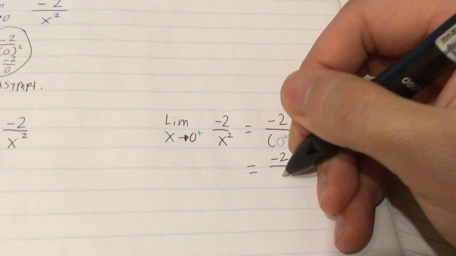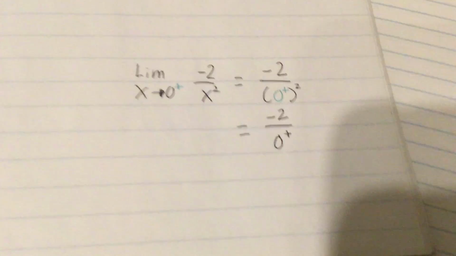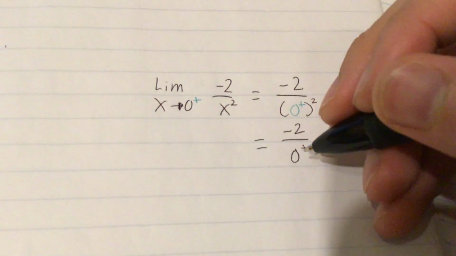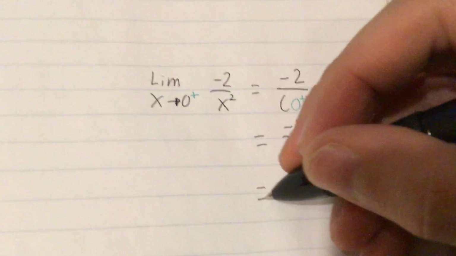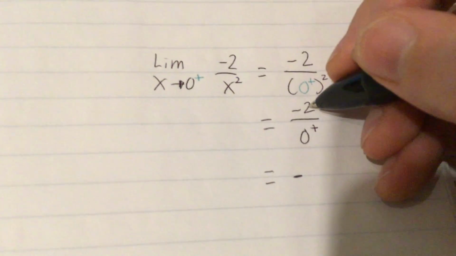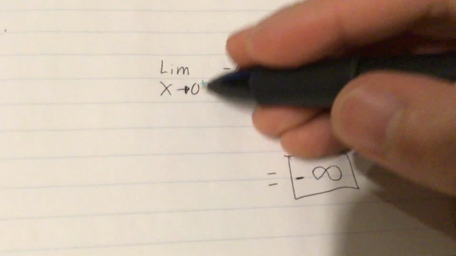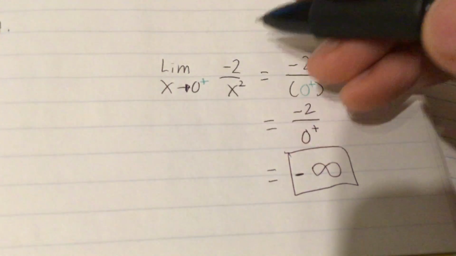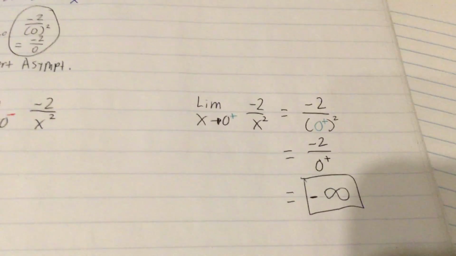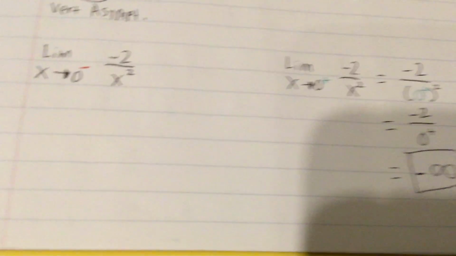Still positive. Positive getting squared is still positive, but it's still negative 2 over 0, from the right side of 0. Negative divided by positive is a negative, and 2 over 0 is infinity. Therefore, the right-hand limit, the limit as x approaches 0 from the right side of negative 2 over x squared, is negative infinity. It wants to go down.